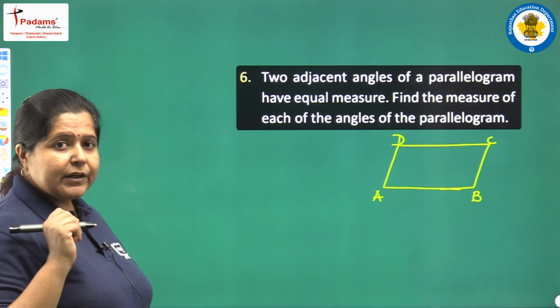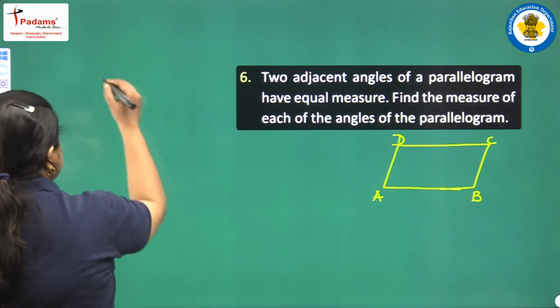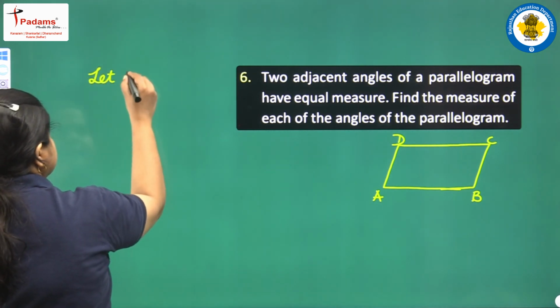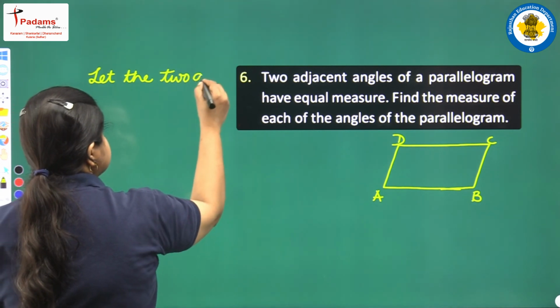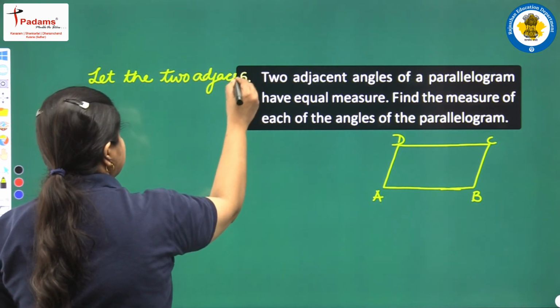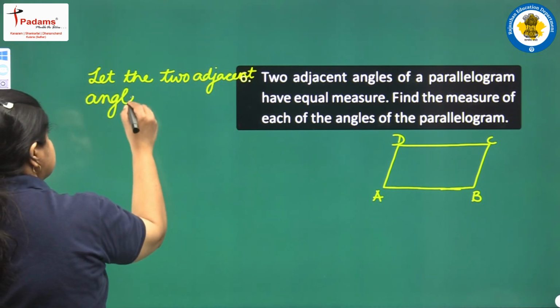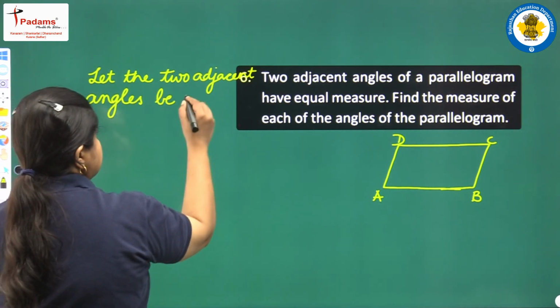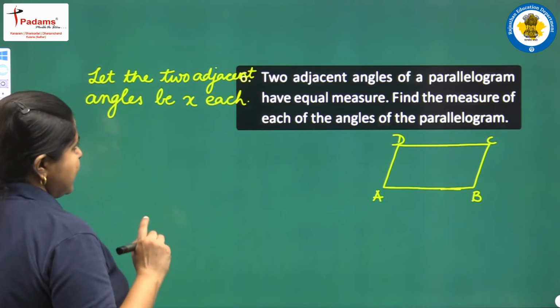So let us take one of them to be x, then the other one will be again x. So we write, let the two adjacent angles be x each.